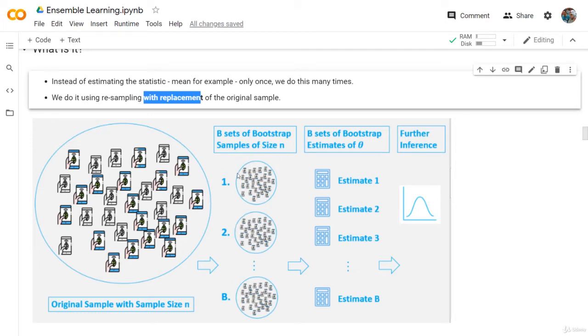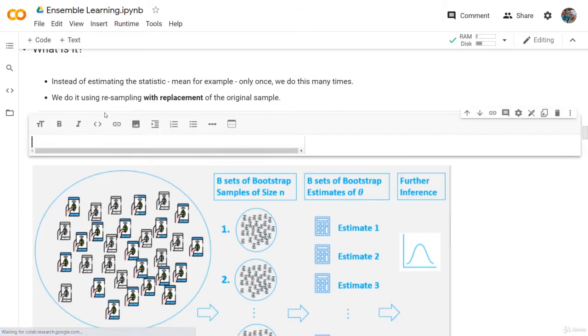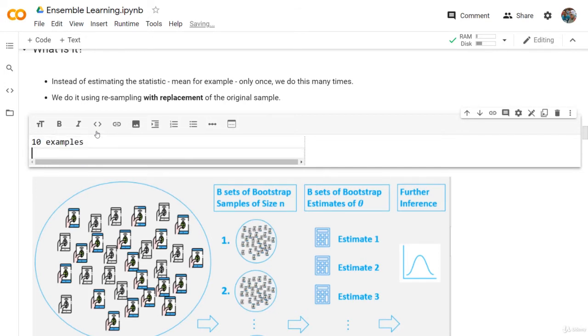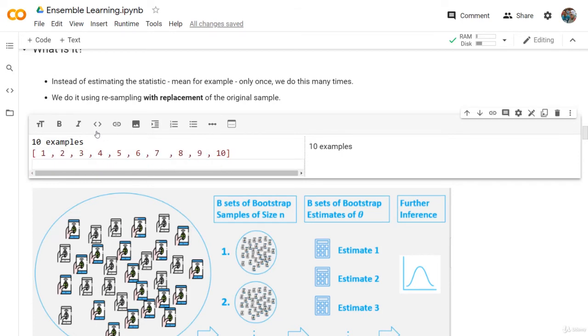So here, let's say that we have 10 examples, okay? And let's say that the 10 examples are 1, 2, 3, 4, 5, 6, 7, 8, 9, and 10, right? So these are the 10 examples we have in our data.